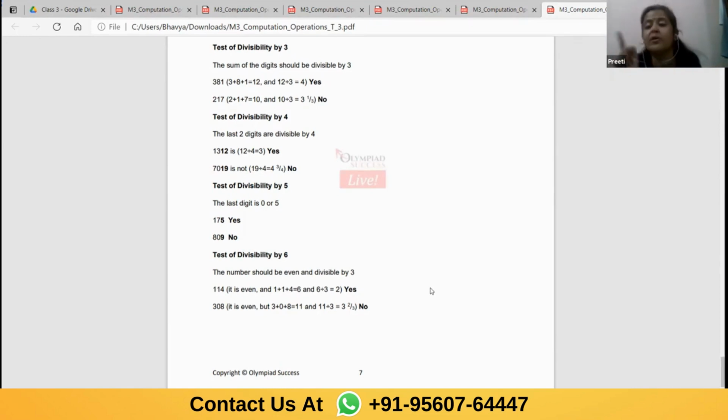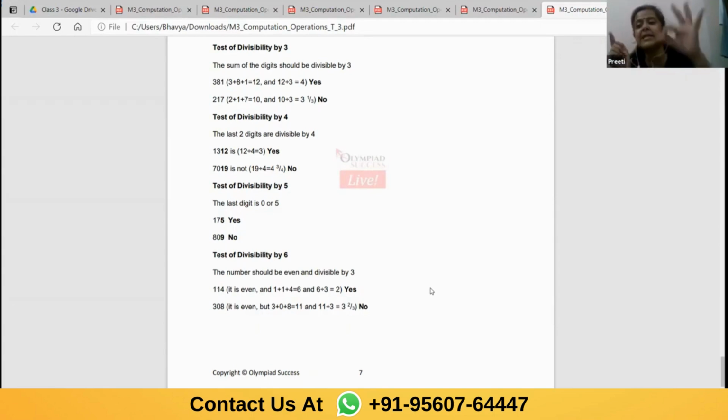To check whether a number is divisible by 4 or not, underline the last 2 digits of the number, the digits which are at tens place and ones place. If that 2-digit number that you get is divisible by 4, then your big number is also divisible by 4. To check whether a number is divisible by 5 or not, again check the ones place of the number.